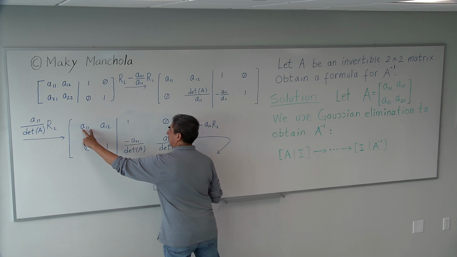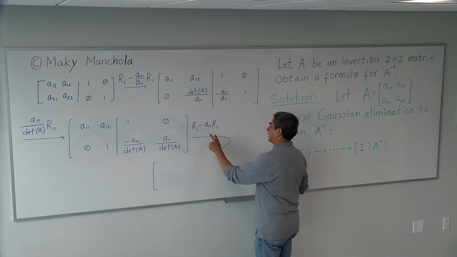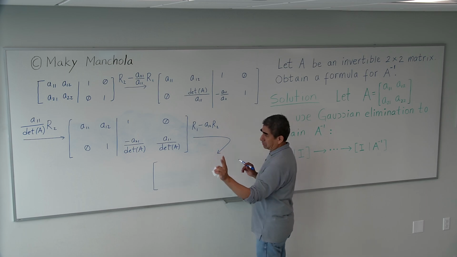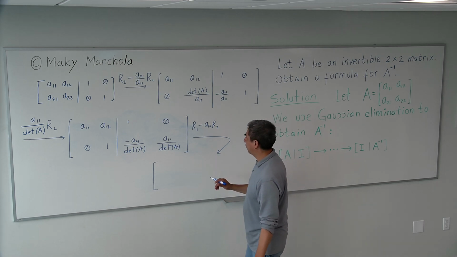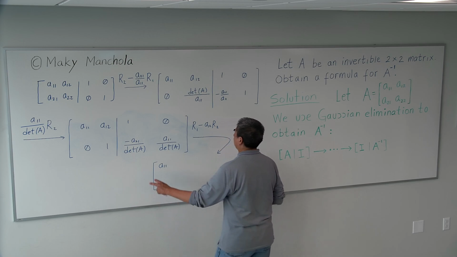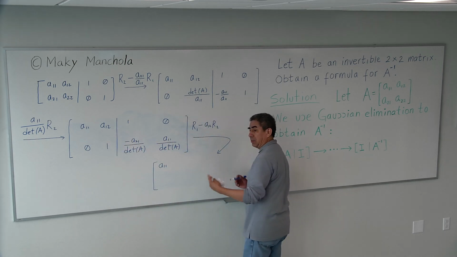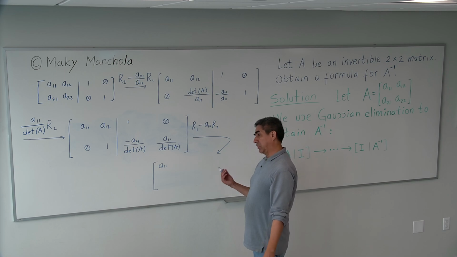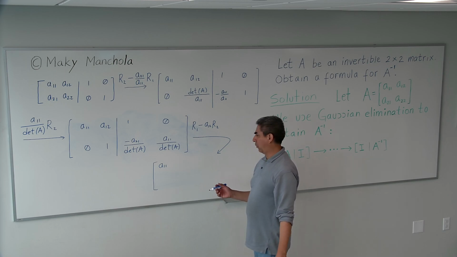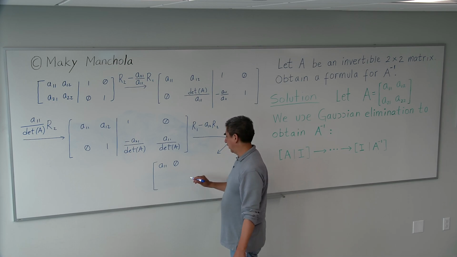So I get A11 minus 0 times A12, which is just A11. Then A12 minus A12 times 1, which is A12 minus A12, which is 0. Mission accomplished. We wanted that.